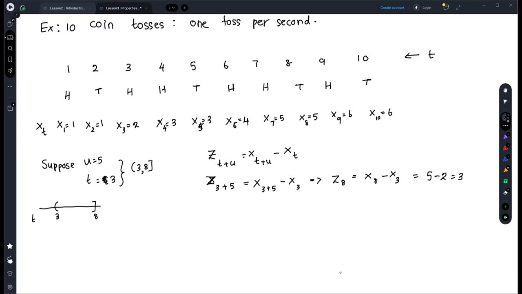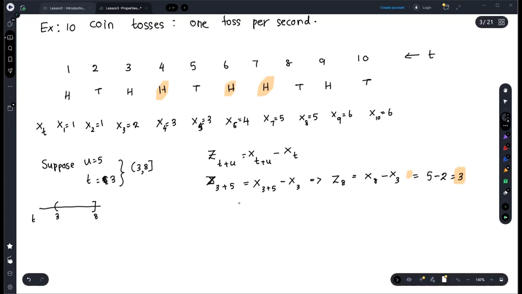Right, so starting from X3, which is 2, up to X8, it incremented to 5. That means 3 heads have occurred. So what are those 3 heads? This one, and this one. Right? So those are the 3 heads that appeared. Okay, I think it's clear now, right? How you got it.